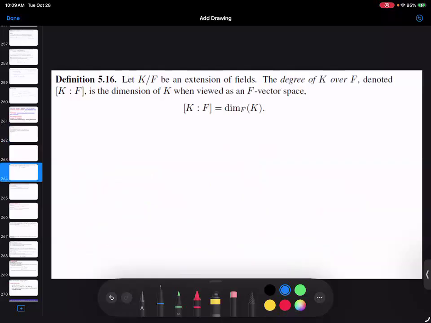Okay. And then if K is an extension of a field F, we say the degree of K over F is the dimension when we view it as an F vector space.